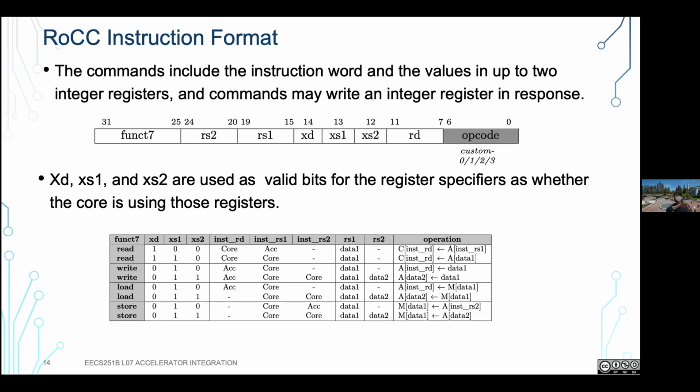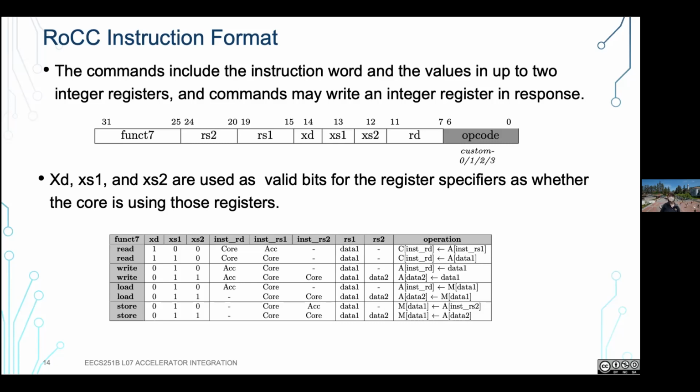We have 2 source registers, and those are offloaded to the accelerator. This is also a way to specify whether the accelerator can use those registers or the destination register to return results. So with that, we can have different combinations of operations passing data between CPUs and accelerators through registers, or passing data from memory to accelerators.